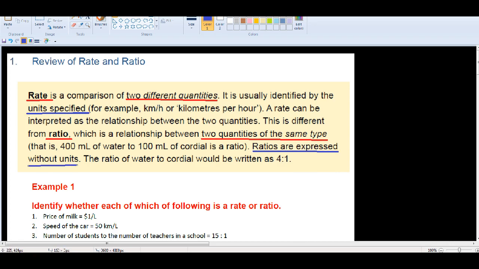So that is the simplest way to see whether a comparison of two quantities is a rate or a ratio: just look at whether they have certain units. If they don't, it's a ratio. If they do, it's a rate.